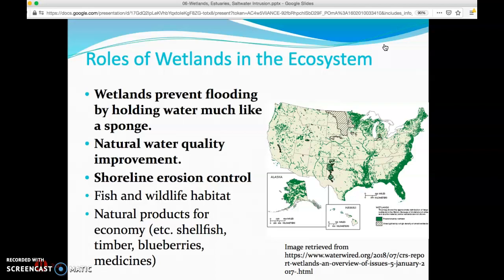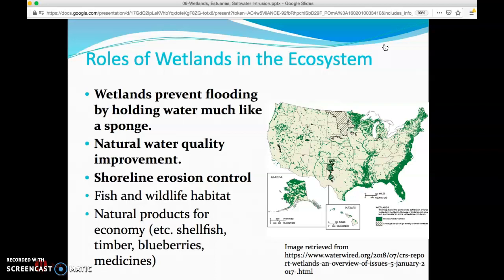But actually, if you have the presence of a wetland in your river, it could help prevent flooding and protect your property. So things like homes, maybe farms, or whatever it is that's on that other side of the river.